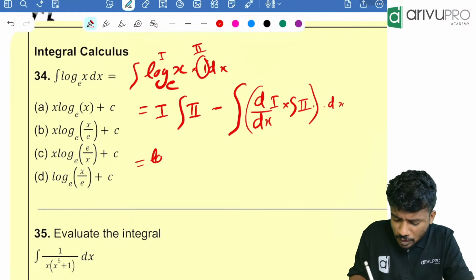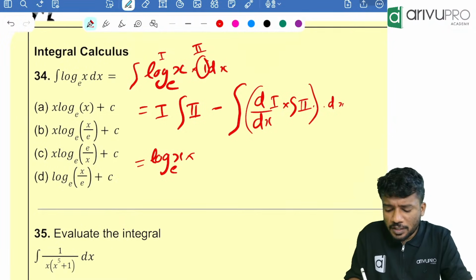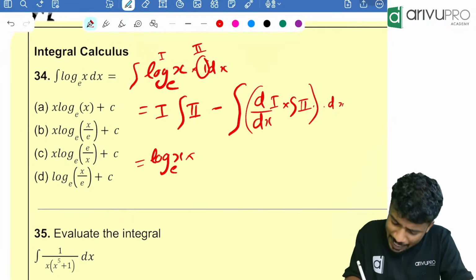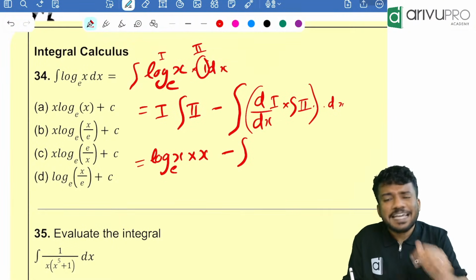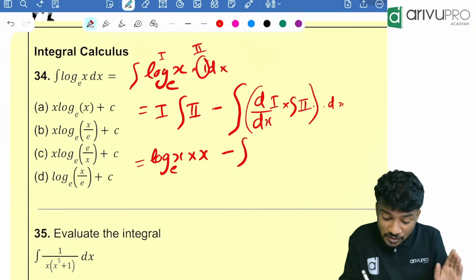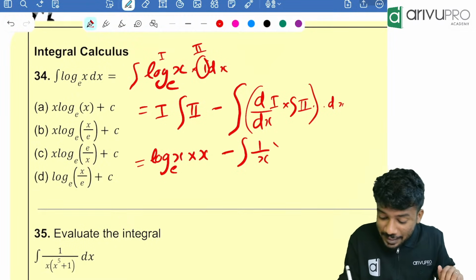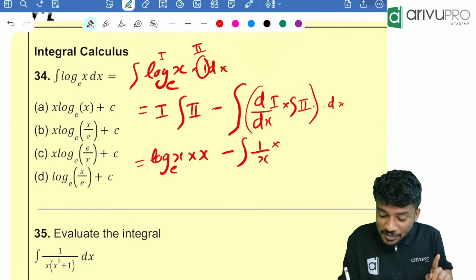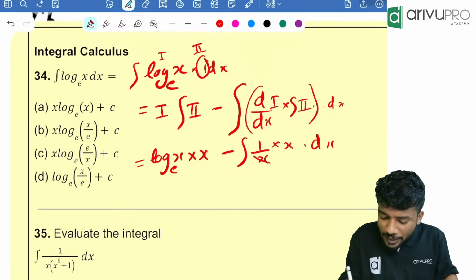First function is log x to the base e into integral of second function. Integral of 1 dx will be x. So log x into x minus integral of derivative of first function, which is 1 by x, into integral of second function, which is x, then dx. Now x got cancelled.